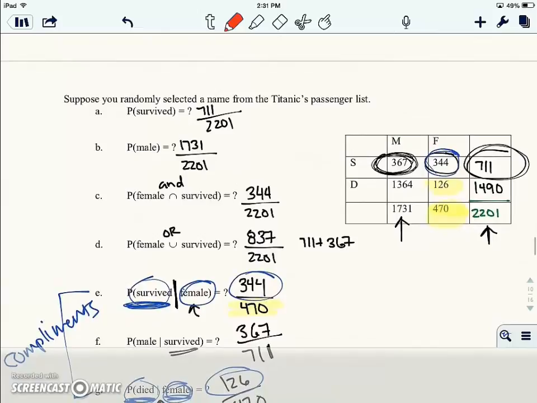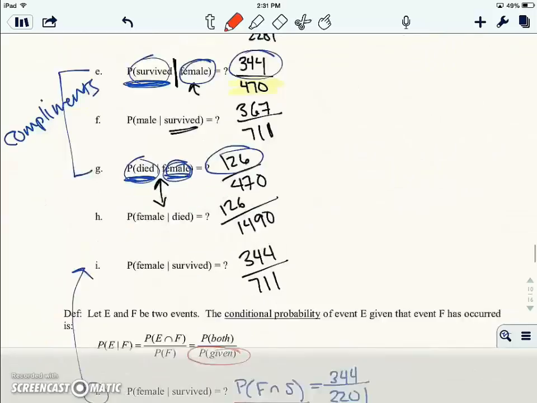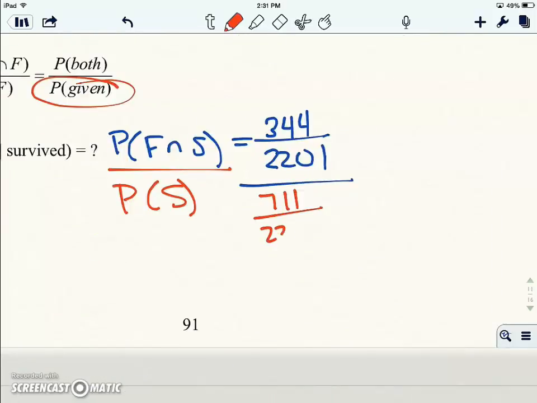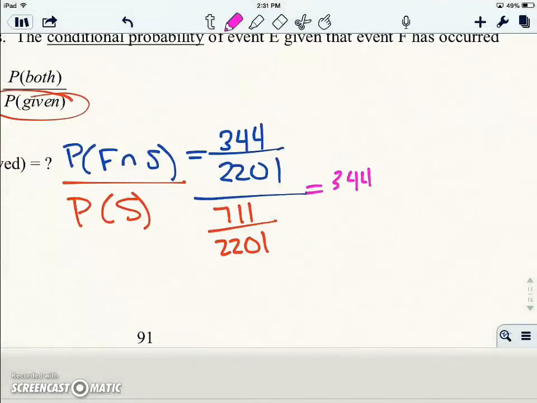Let's go back to our table. That would be 711 all over the total number of people. So here we haven't factored in the given to change the denominator. And if you did that, okay, that's 344 over 2201 times 2201 over 711. So the 2201s cancel out, and you get 344 over 711.